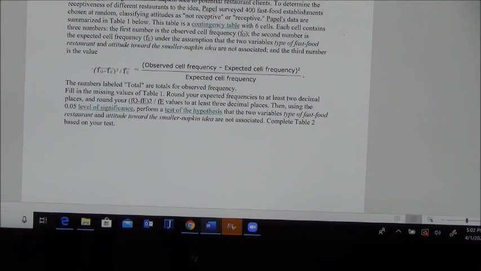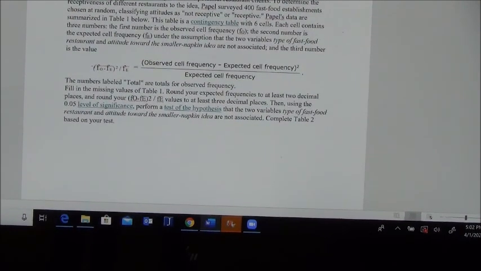To determine the receptiveness of different restaurants to the idea, Papal surveyed 400 fast food establishments chosen at random, classifying attitudes as not receptive or receptive. Papal's data are summarized in Table 1, and then we have to fill in the contingency tables, do all our calculations, and perform our hypothesis testing.